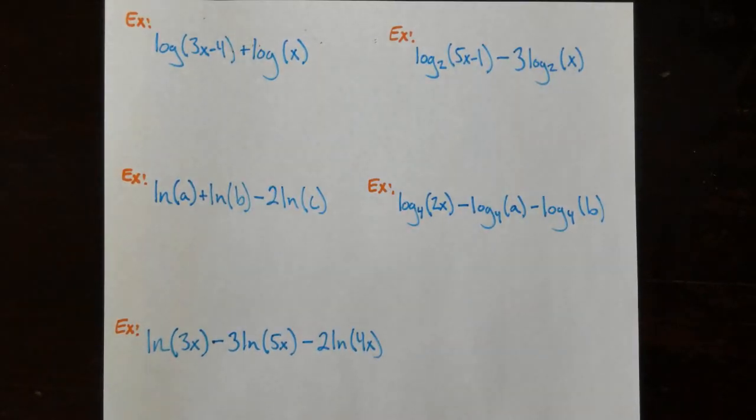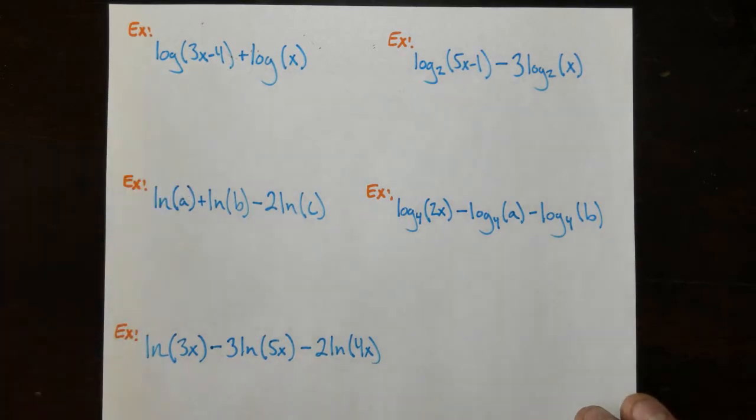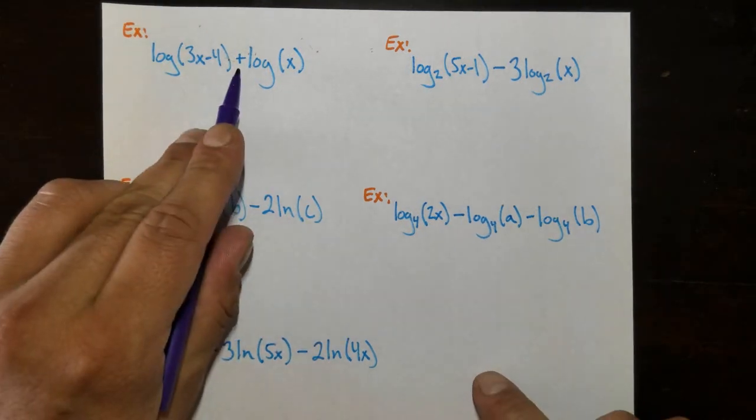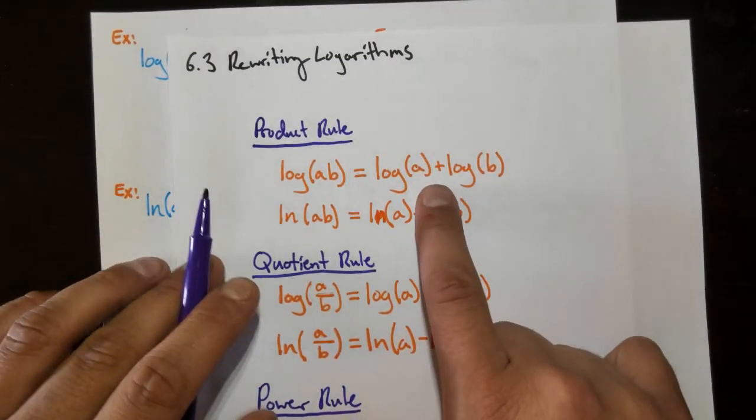And first, you see I have log of 3x minus 4 plus log of x. Well, according to our rule, this is a plus. So right away I'm thinking, okay, product rule.